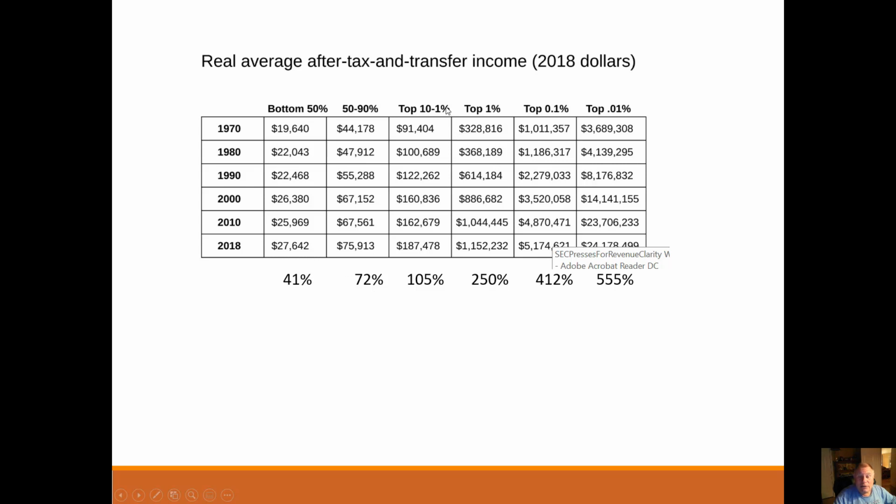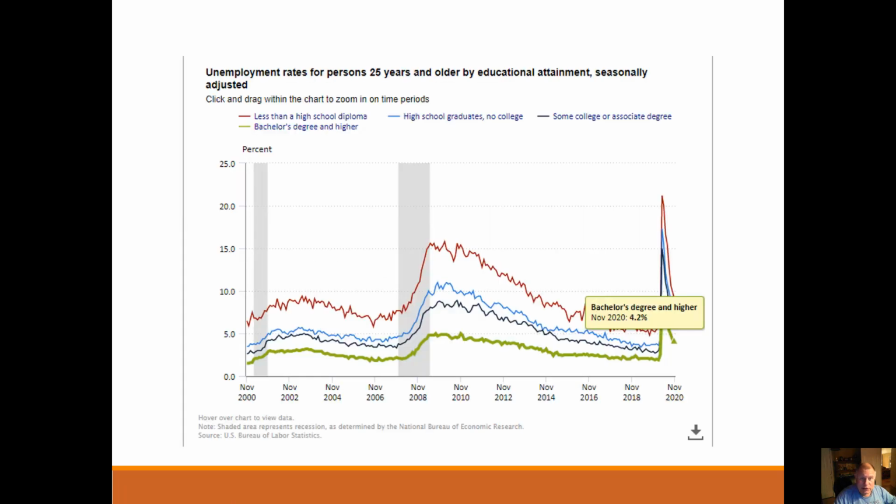The top 10 to 1% was up 105%. Top 1% was up 250%. The top 0.1% up 412%. So what we've had is a disproportionate share of income going to the higher levels. They've gained more than those in the lower. But we're still looking at very low wages, relatively speaking.